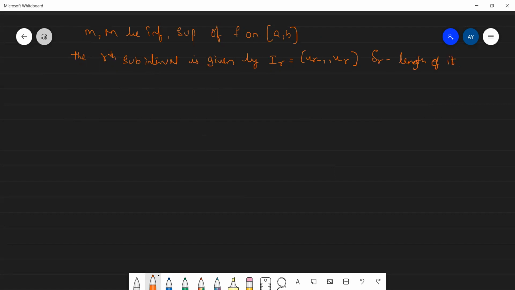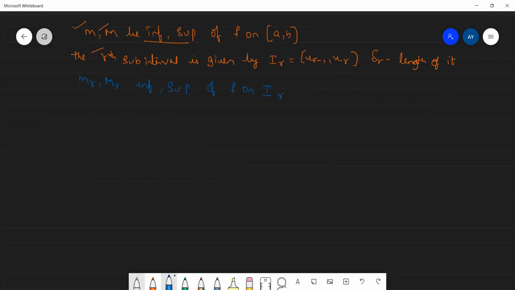Now, as we defined m and M for the infimum and supremum, and the rth subinterval, we have to define small m_r and capital M_r. That is, on the rth subinterval I_r, they are the infimum and supremum of f.